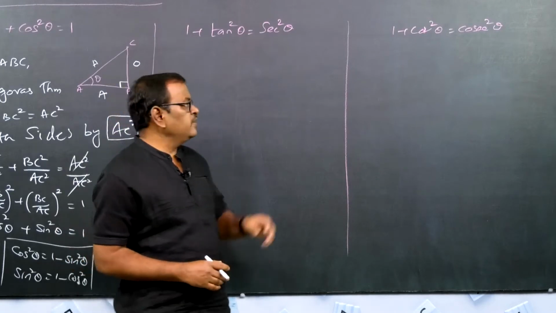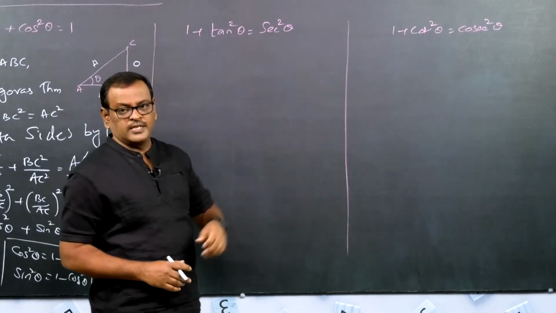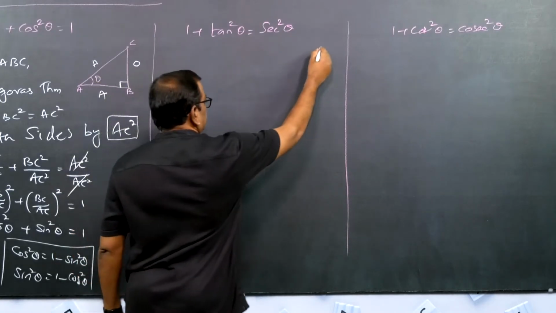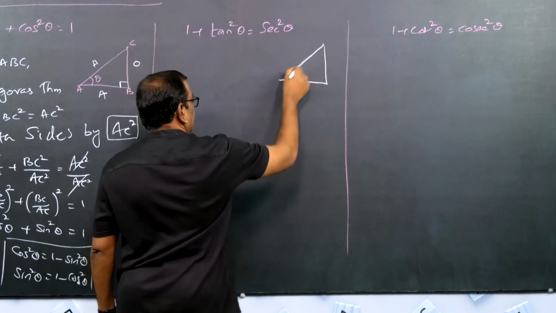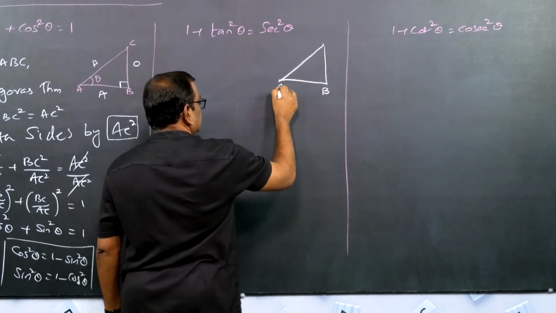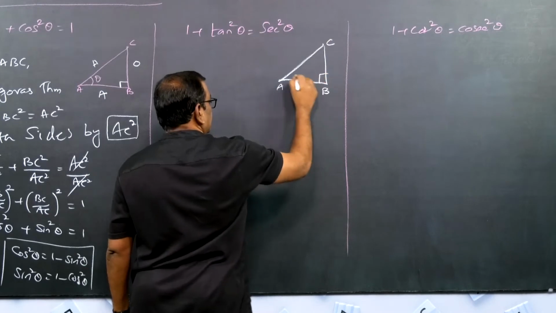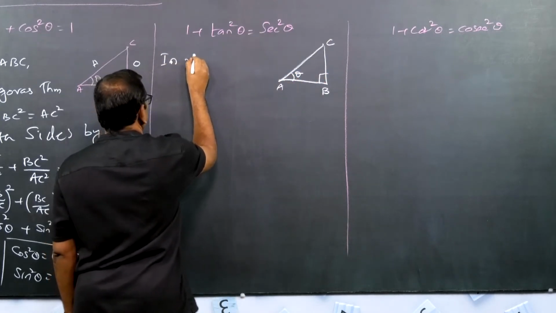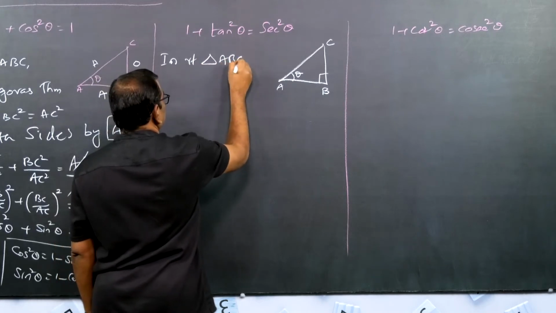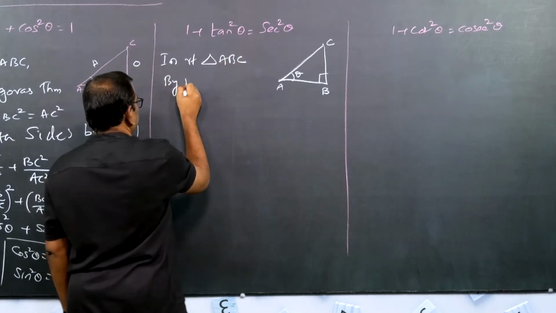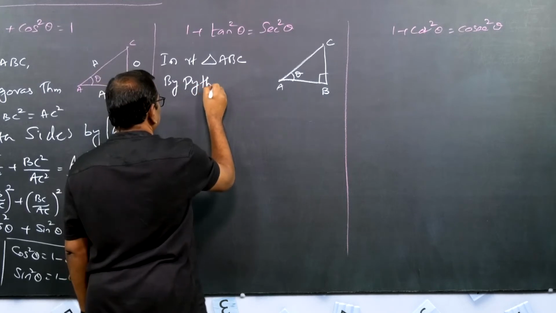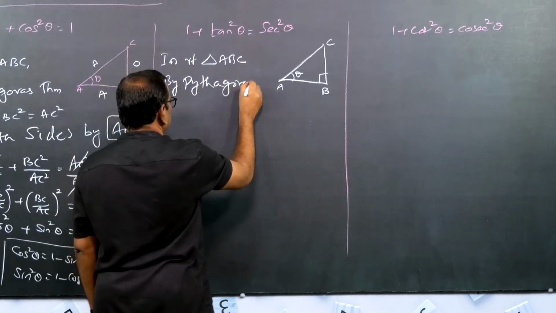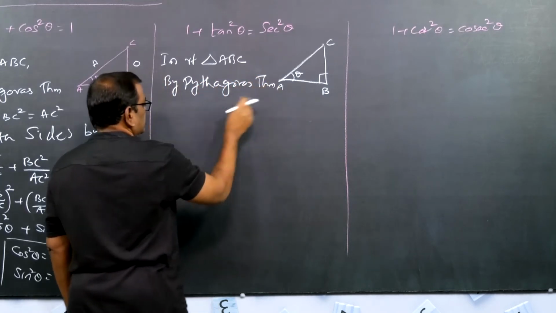Second identity: 1 plus tan square theta equal to secant square theta. Initial steps are the same. A right triangle at B, this is A and this is C, this is 90 degrees, angle theta. In right triangle ABC, by Pythagoras theorem, so what is Pythagoras theorem?